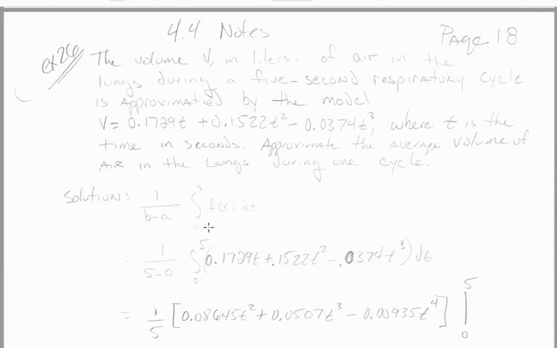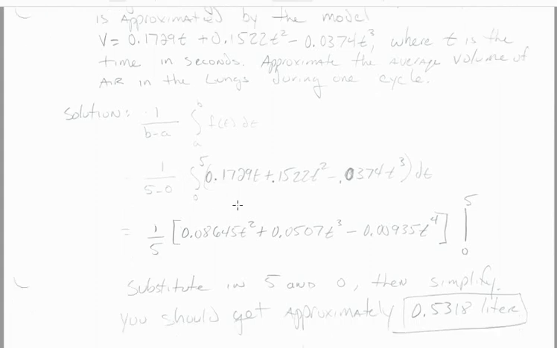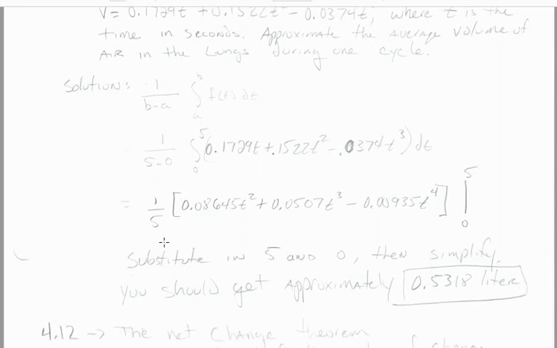So a is 0, b is 5. We have 1 over b minus a times the integral from a to b of f of t dt. We just find the antiderivative of each of those functions, evaluate from 0 to 5, and multiply by 1/5.